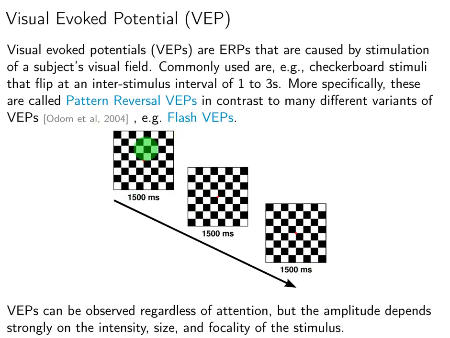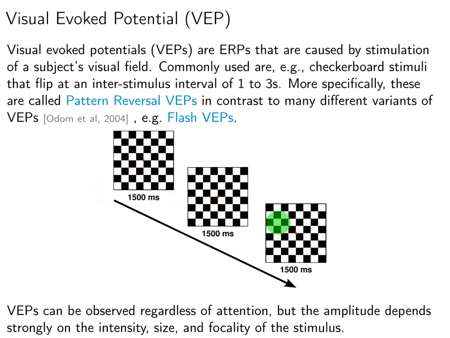So the subject is shown flashing checkerboard patterns. More specifically, these are called pattern reversal visual evoked potentials, in contrast to many other variants of VEPs. Visual evoked potentials can be observed regardless of attention, but the amplitude depends on the intensity, size, and focality of the stimulus.